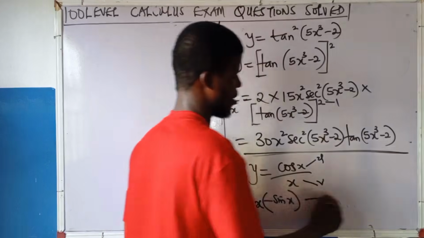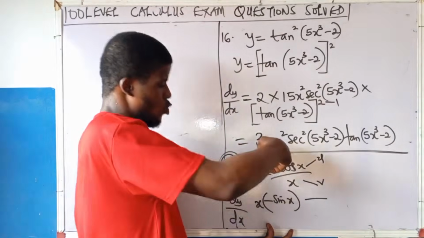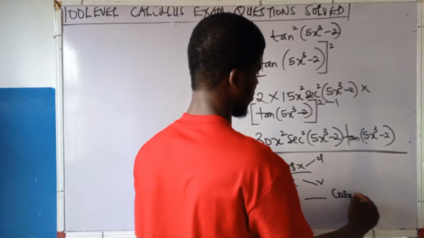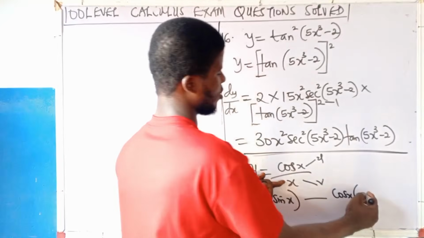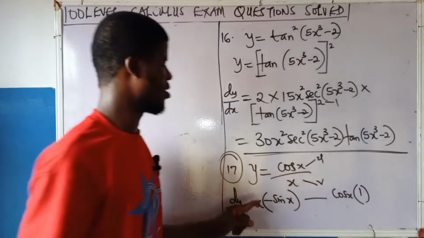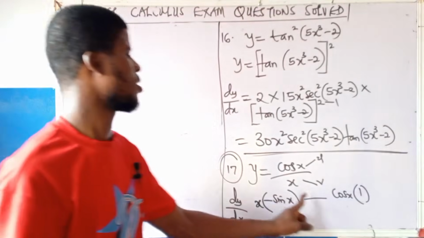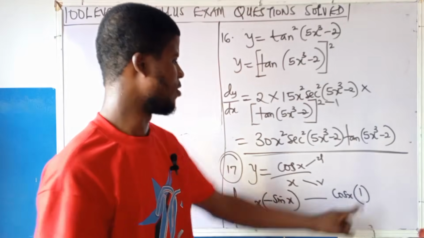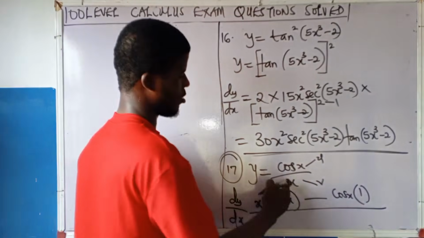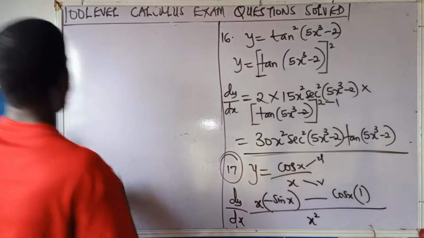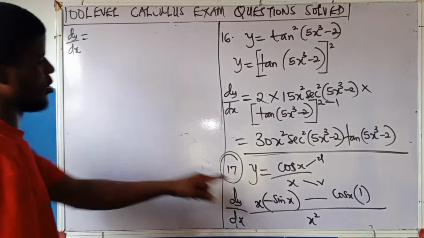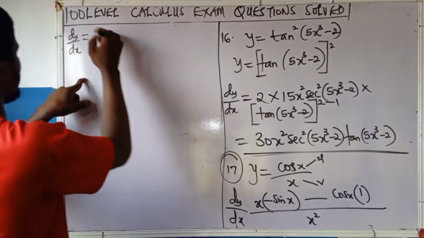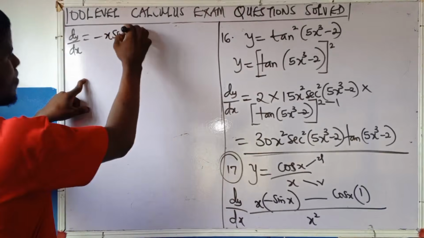The rule has said write minus, then write u, which is cos x, times the derivative of the one under, which is v, and that will give me 1. That is v du/dx minus u dv/dx, all over v squared. This is x squared. So what would that give me? The dy/dx for question 17 is x times minus sin x, which is minus x sin x, then minus cos x.